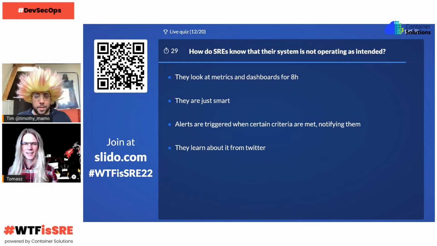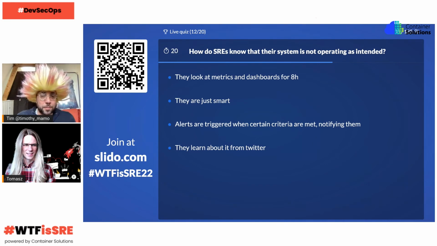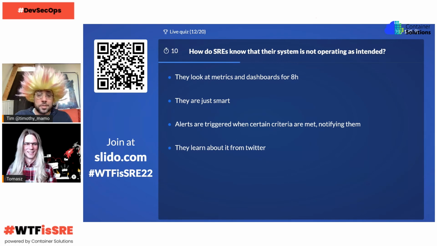Cool. Next question. How do SREs know that their system is not operating as intended? They look at metrics and dashboards for 8 hours. They're just smart. I mean, we do have some very good SREs here at Container Solutions. Alerts are triggered when certain criteria are met, notifying them. They learn about it from Twitter.